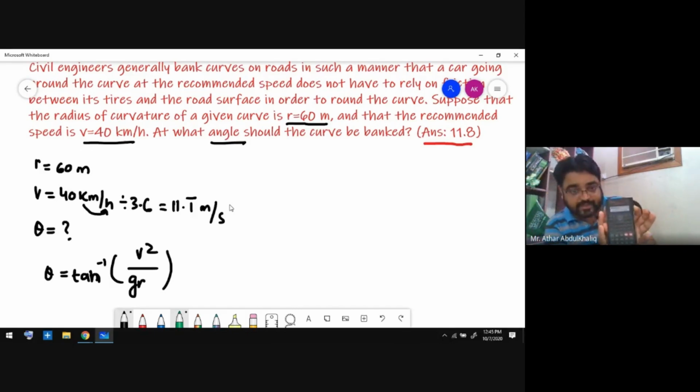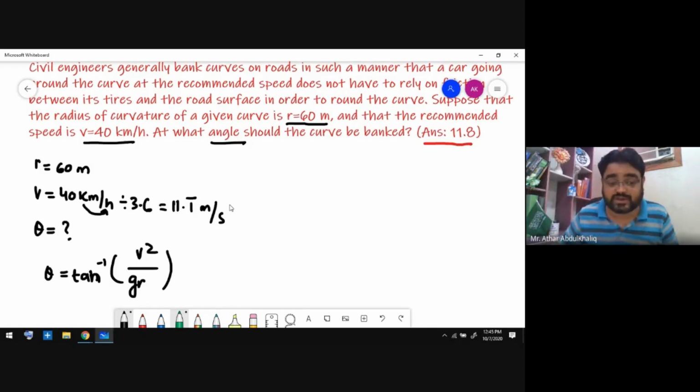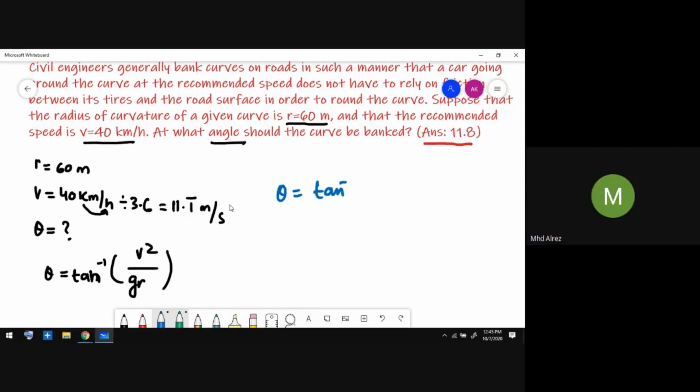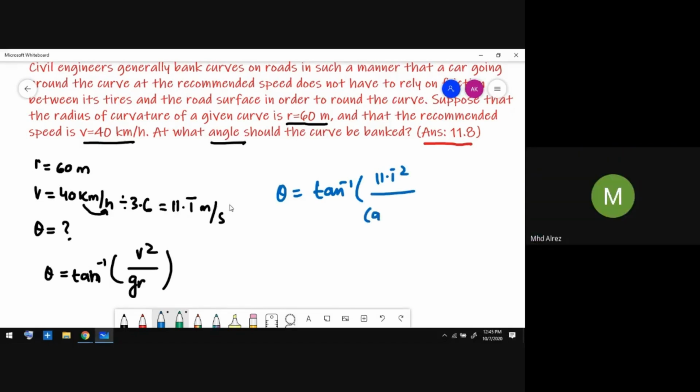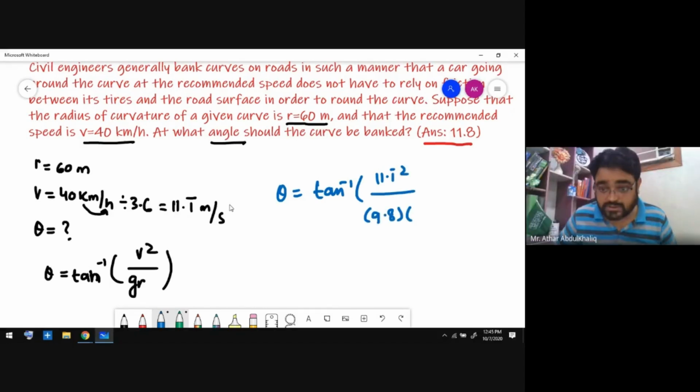Keep it written, because this will help to give you the accurate answer. Now I will substitute the values, Mamoon. You have to solve with me. Theta is equal to tan inverse of 11.1 bar squared over g, 9.8 multiplied by 60.